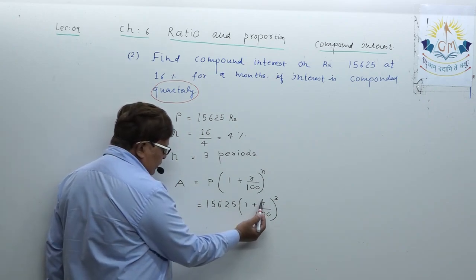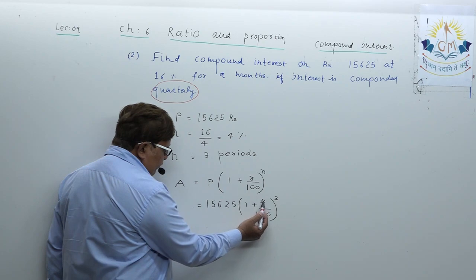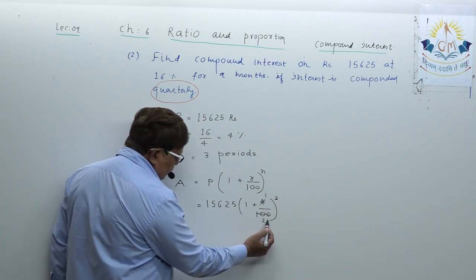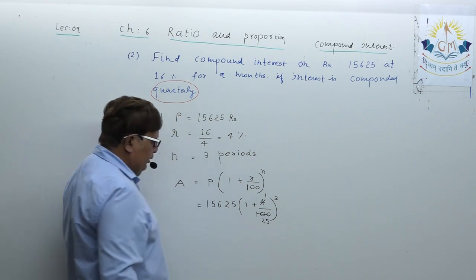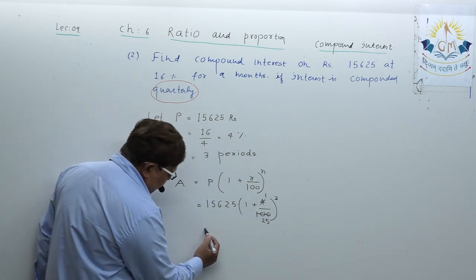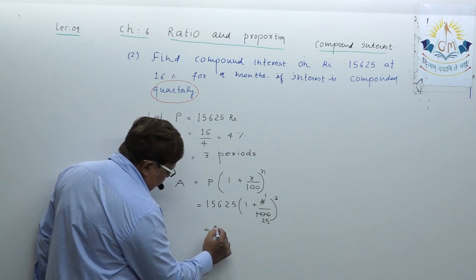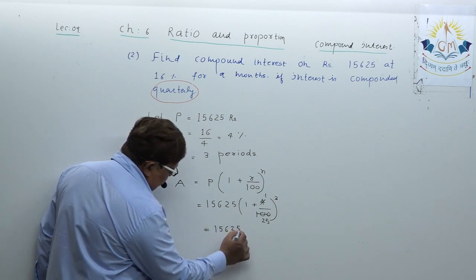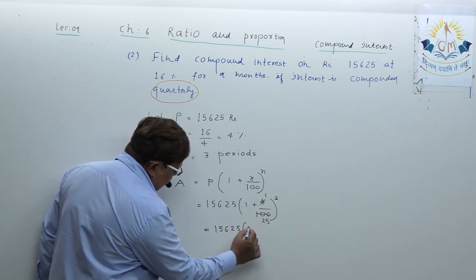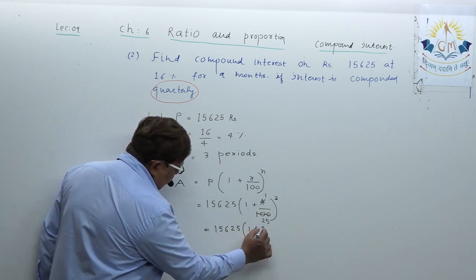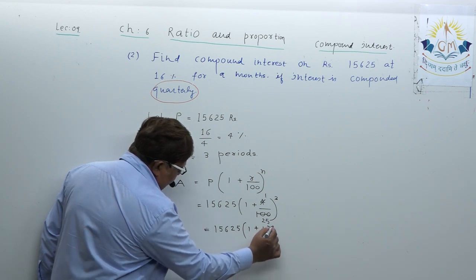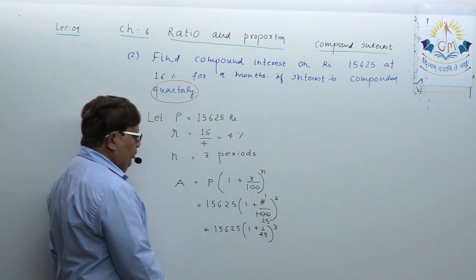One cancellation seems possible here. For 1, 1; for 25, 25. Okay. So how can we write now, 15625 into bracket 1 plus 1 upon 25 raised to the power of 3.